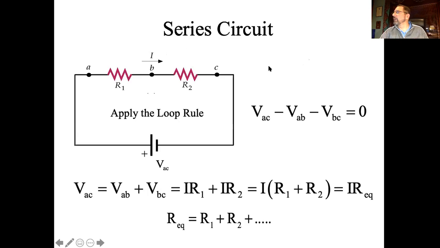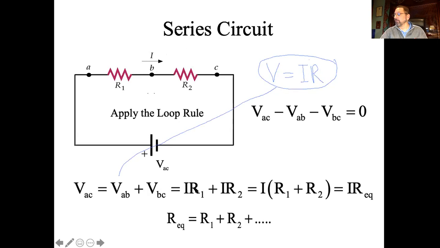Okay, and I want to recall Ohm's law from before the break, that the potential across any element is the current through the element times the resistance of the element. Ohm's law from right before the break. So I'm going to take that and put it right there.